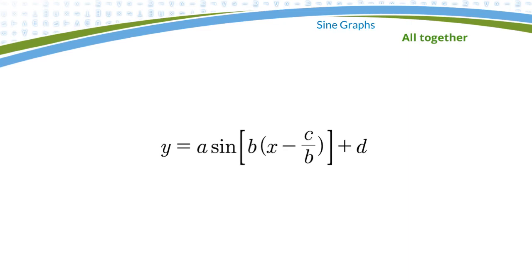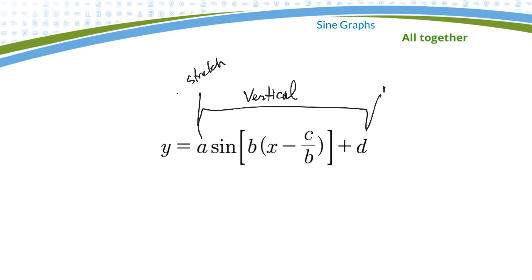Okay, so we've looked at A, B, C, and D, and I like to look at them sort of separate, or I like to separate the vertical things from the horizontal things. So A and D, they affect the vertical component of the graph. A is the stretchy guy or squishy guy, and D is the move guy. It'll either move up or down. Inside the brackets here, this is all the horizontal stuff that happens to the graph.